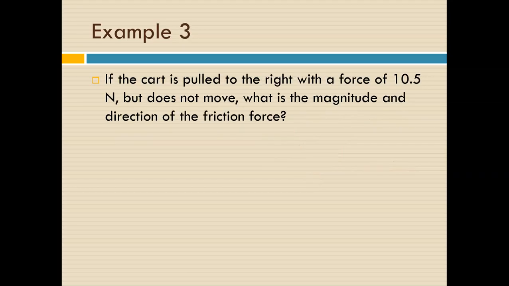What if the cart is pulled to the right with a force of 10.5 newtons but doesn't move? What's the magnitude and direction of the frictional force? Because the box isn't moving to begin with, the acceleration is 0, so you must have an equal and opposite force to the left, which is 10.5 newtons to the left.